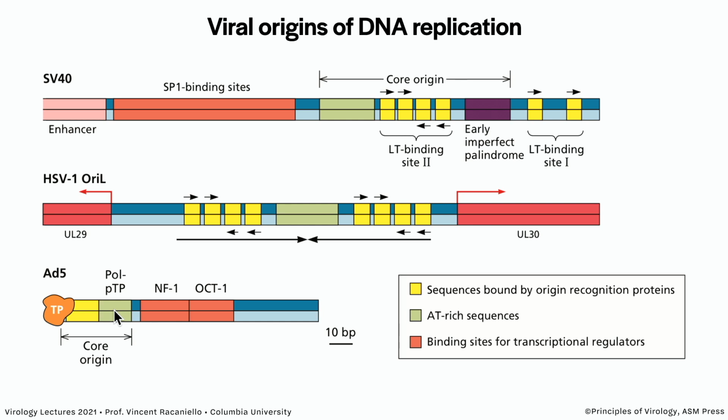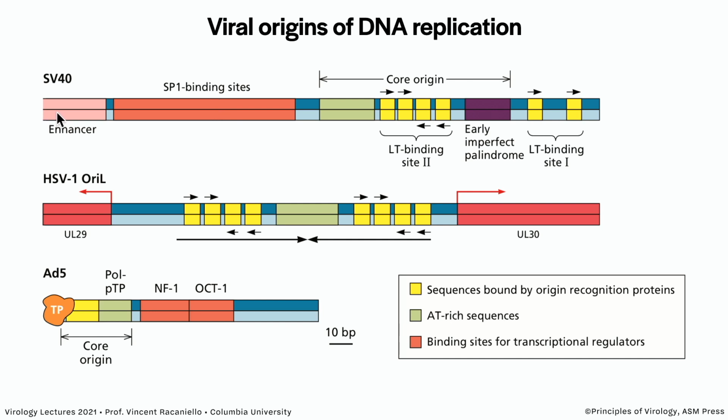The other feature that I haven't told you about is that these viral origins often have binding sites for transcriptional regulators because they're often promoters in these regions as well. Here, right next to the SV40 origin, there is a promoter, which is not shown here. And these are the SP1 binding sites from that promoter.